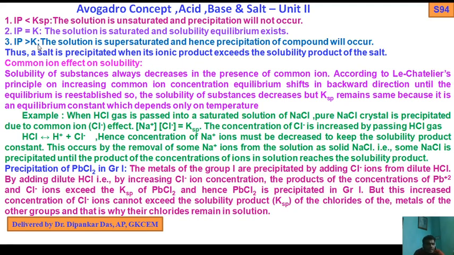If IP is greater than Ksp, the solution is supersaturated and hence precipitation of the compound will occur. When IP equals Ksp, solution is saturated and solubility equilibrium exists. When IP is less than Ksp, solution is unsaturated, precipitation will not occur.